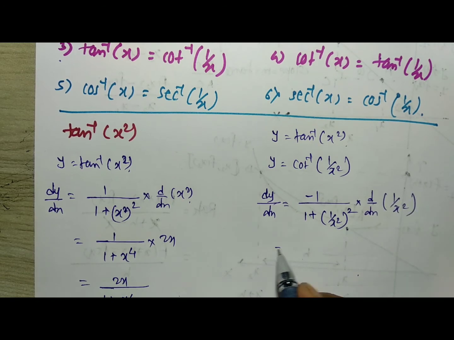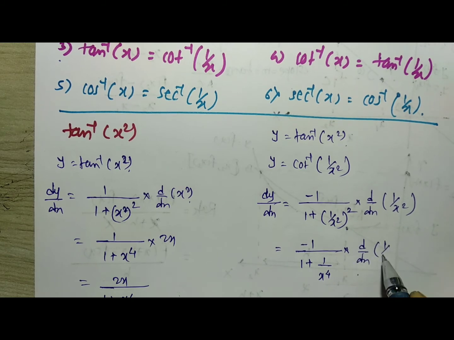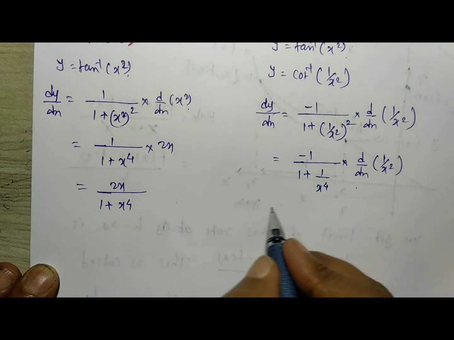First of all we simplify that. You will get minus 1 divided by 1 plus 1 divided by x raised to 4 into d dx of 1 divided by x square.